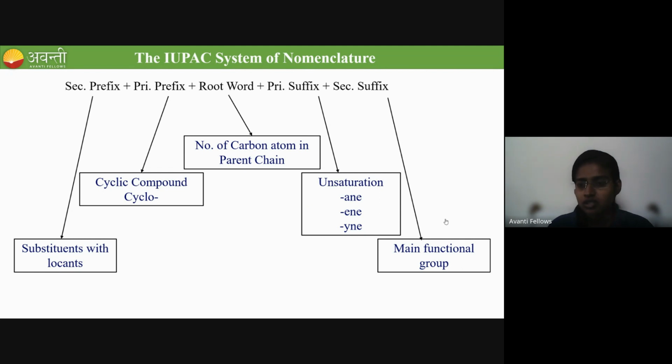Sorry, Sasi. Locant, yeah, I will tell you what is a locant. While discussing the rules of IUPAC nomenclature, I will tell you what a locant is. Is it okay? Okay, fine, good.